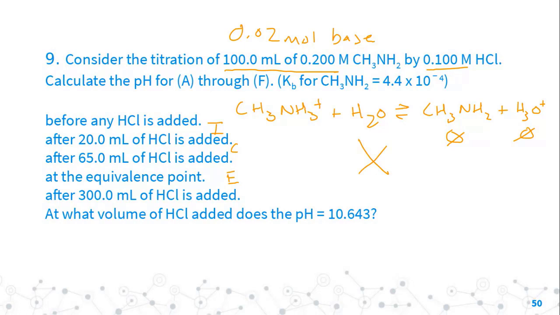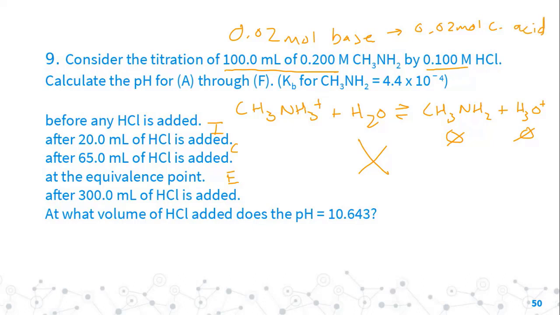What you're really looking for is the initial concentration of this conjugate acid. Since we had this many moles of base, we're going to get this many moles of conjugate acid. All of our base converted into conjugate acid.